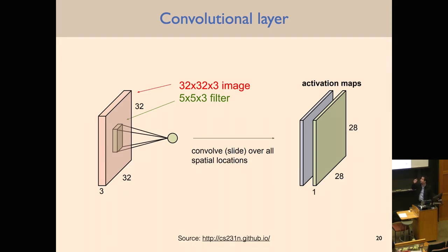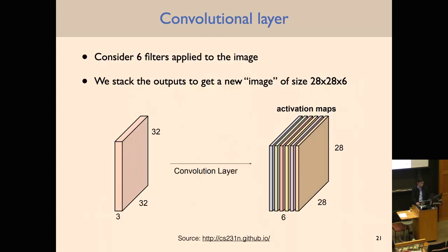Then you can do this with a different filter. If you pick a particular kernel, a particular 5 by 5 by 3 array to do the convolution with, you'll get one particular activation map. If you take a different 5 by 5 by 3 array and do the convolution, you'll get a different 28 by 28 by 1 activation map. And you can do this multiple times. Let's say you have 6 different filters, 6 different kernels.